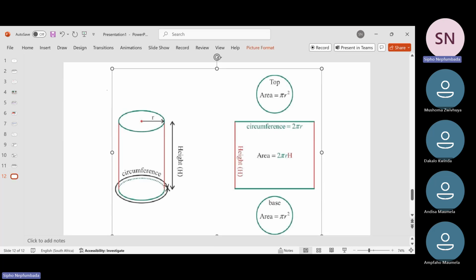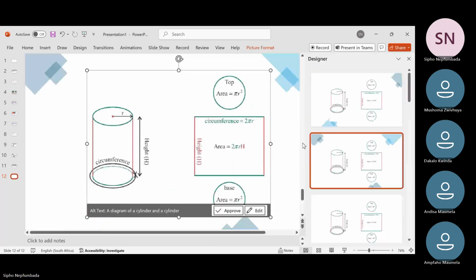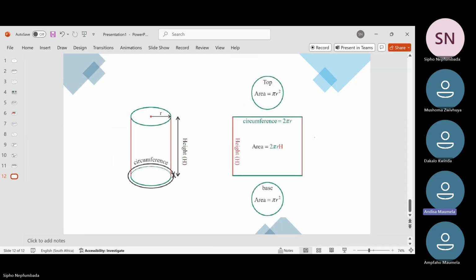Is it visible? Yes, it's visible. So now, can you see that we've got a closed cylinder and an open cylinder?